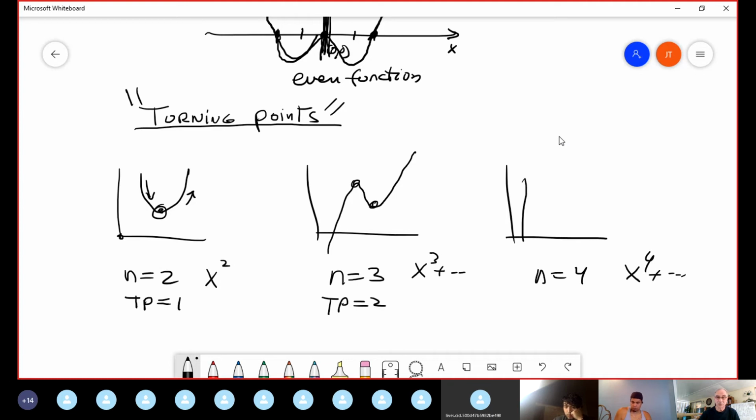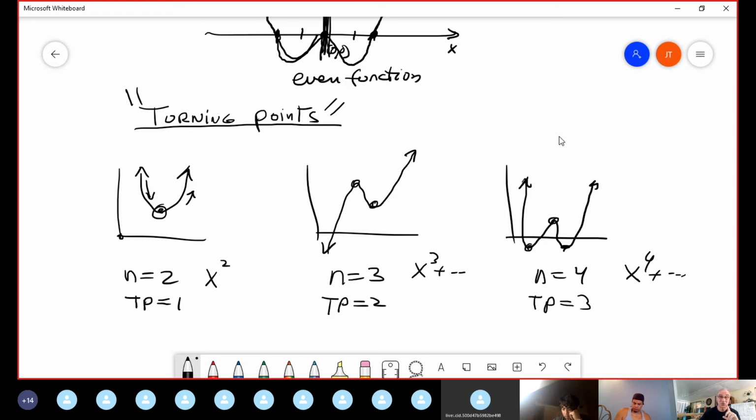Looks like that. This is the end behavior: right up, left up; right up, left down; right up, left up. And the turning points, how many turning points? We have 3, no? 1, 2, and 3.